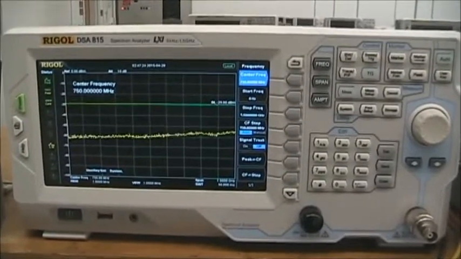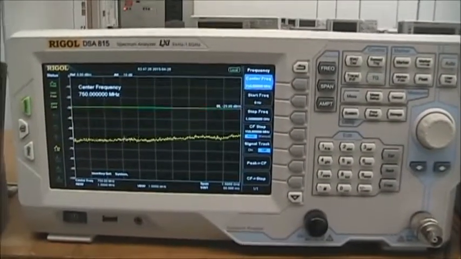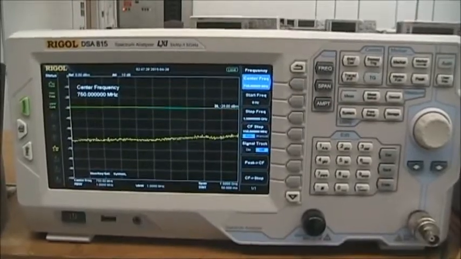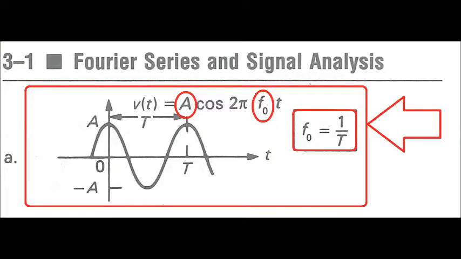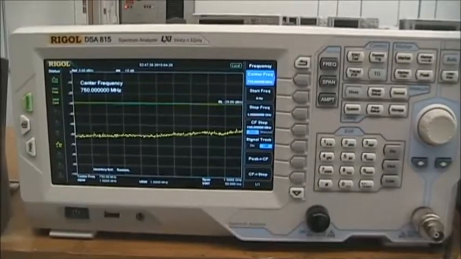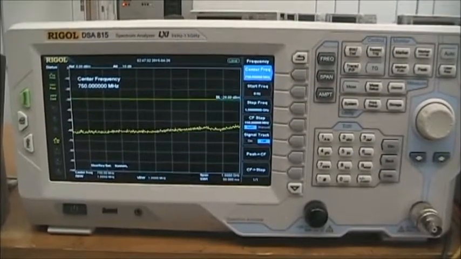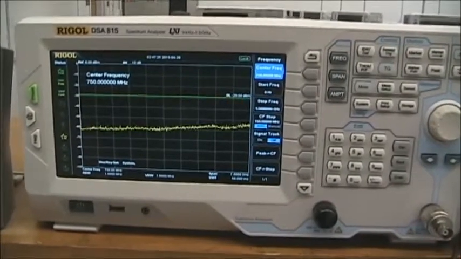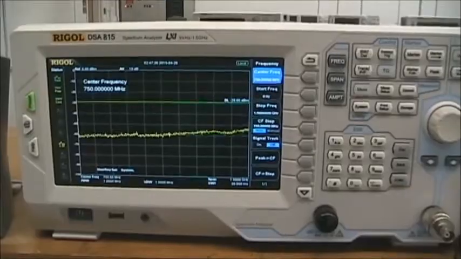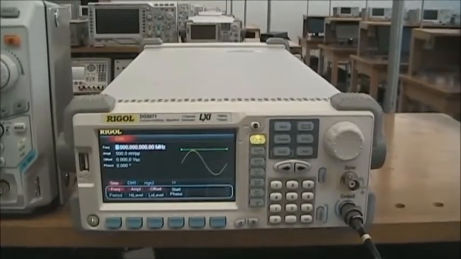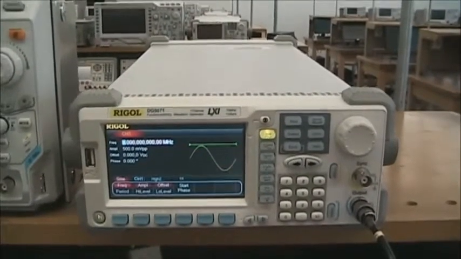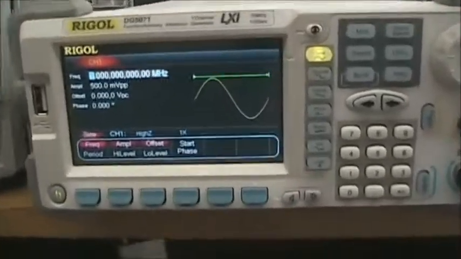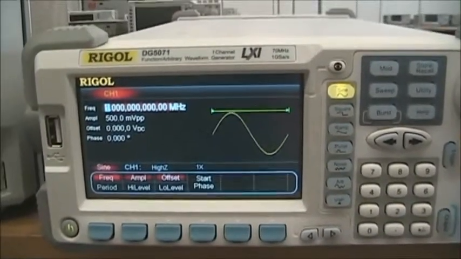First, we will look at a sample waveform, the sine wave without offset, waveform A, which contains only one Fourier series component, a sinusoid at the fundamental frequency f0, with an amplitude or magnitude value of A. To set up this signal, we will use a 0.5 volt or 500 millivolt peak-to-peak signal at 1 megahertz.